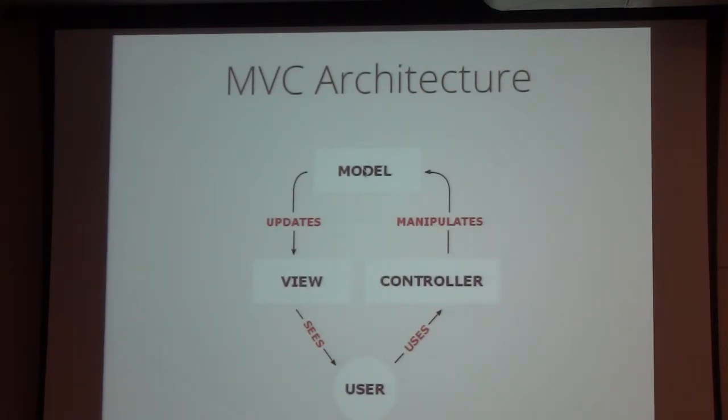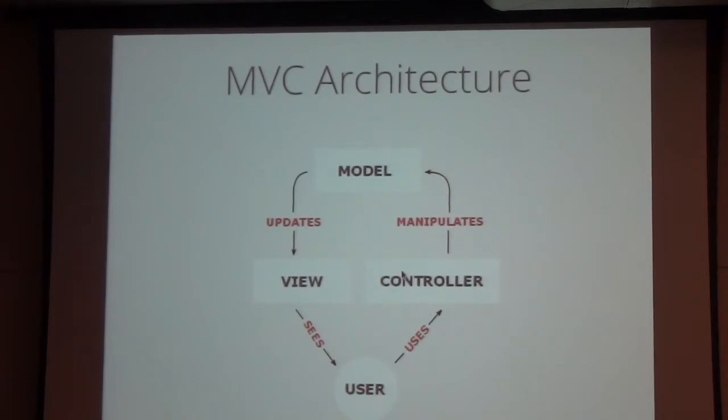Behind that is the model, which is the data for our application, whether it's coming from a database or a web service call, that sort of thing. And as we change the model, it updates the view. And then if the user wants to interact with the view, they can perform various actions using the controller to update the model. So this is the abstract concept of a model view controller.